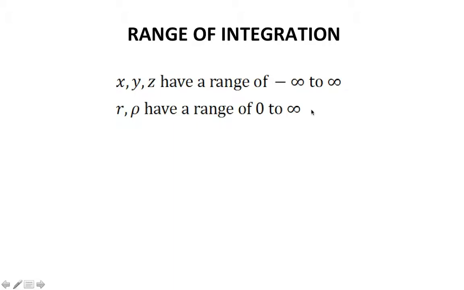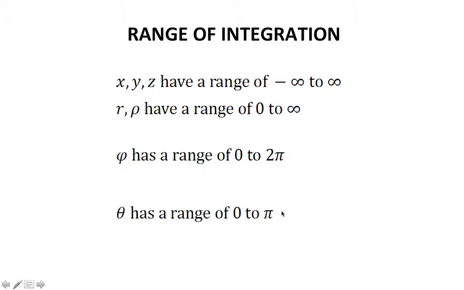For our radial coordinates like r and rho, they'll typically have a range of 0 to infinity, though most of the time you'll integrate from 0 to a particular radius. Our coordinate phi will have a range of 0 to 2 pi, and our coordinate theta will have a range of 0 to pi.